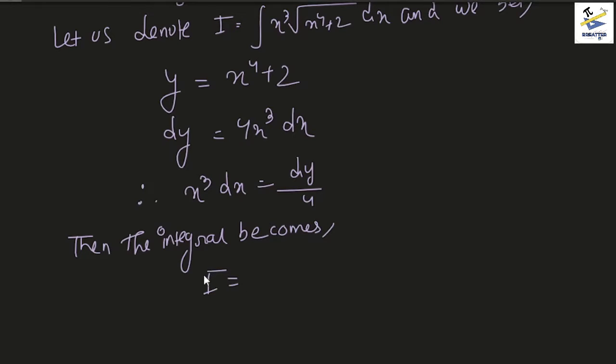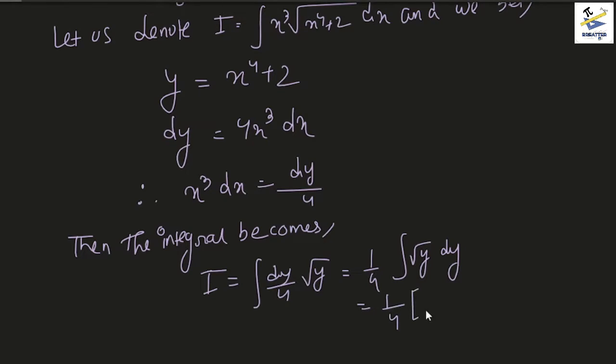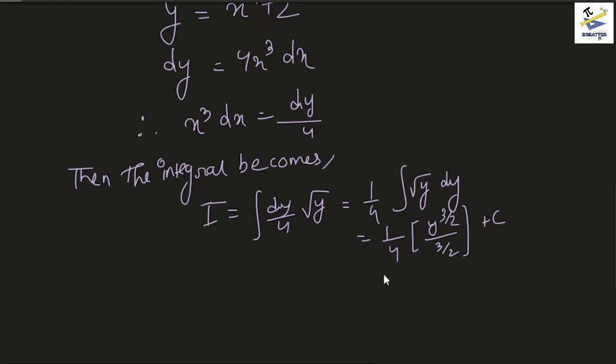Then the integral becomes I equals the integral of, that thing becomes dy by 4, the x cube dx part, and this becomes root over y, right? So it's 1 by 4 into the integral of root y dy. Root y dy is just y to the power 3 by 2 divided by 3 by 2, plus c, and this would be 2 by 3 into 1 by 4, which is basically 1 by 6.